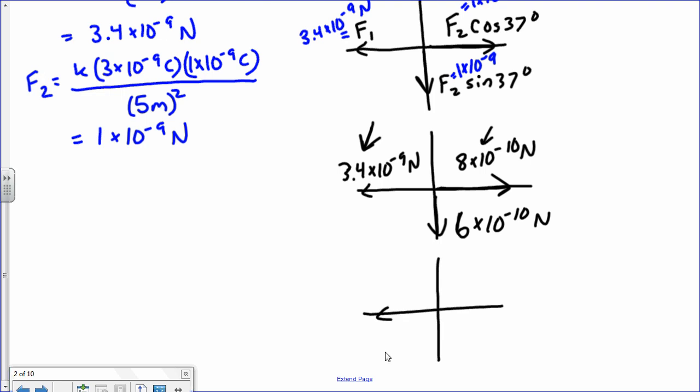So that's going to be 3.4 times 10 to the minus 9 minus 8 times 10 to the minus 10. That's 2.6 times 10 to the minus 9. And then the y component is still the same.